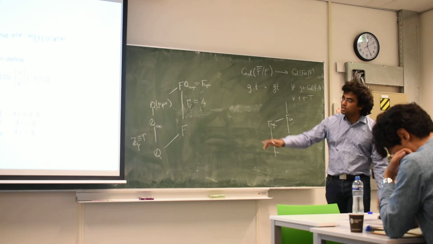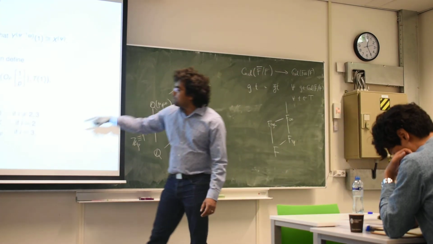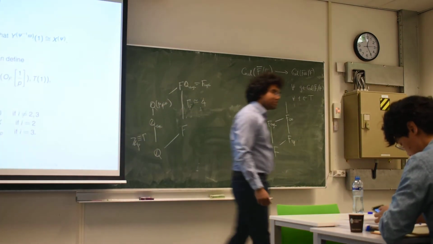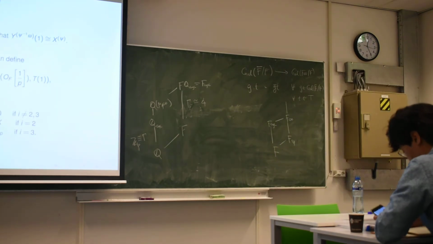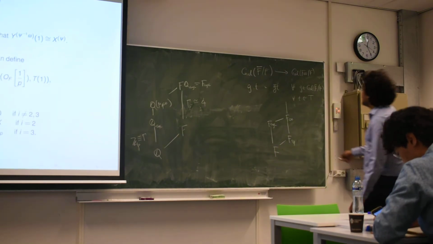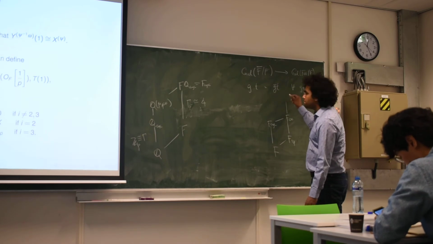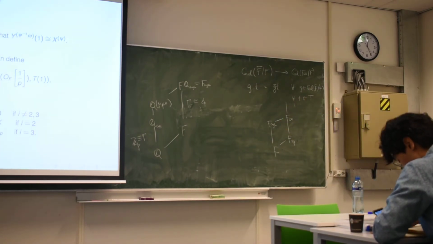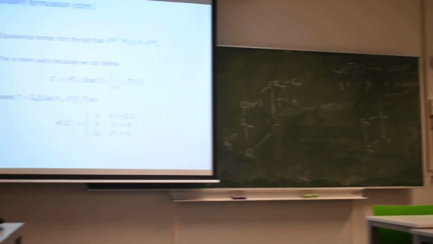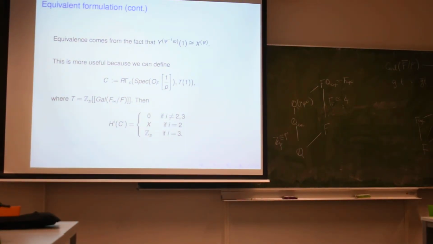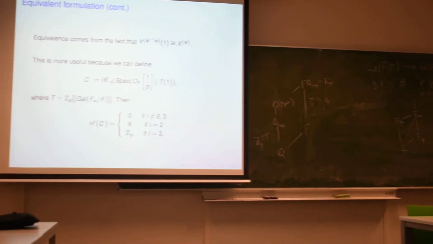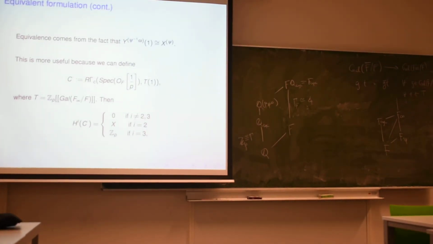I don't have any psi anymore. If I want a psi in here, then I would have to put psi in the values there. But isn't the Galois group of F infinity over F, doesn't a psi get involved? It is over F, the Galois group. No, but it's over the whole thing. I could take different psi's that factor through this. Okay, right. So I can take different components of this.